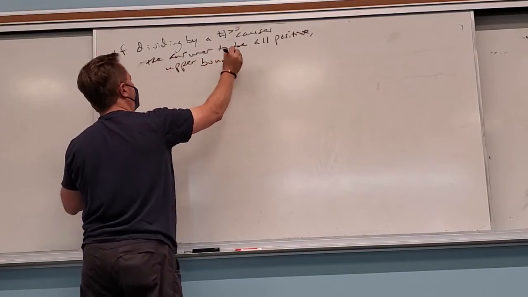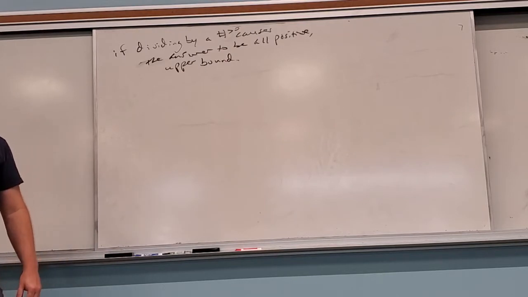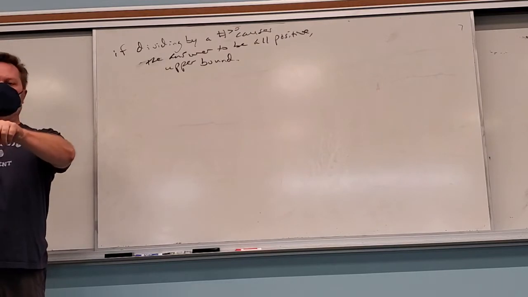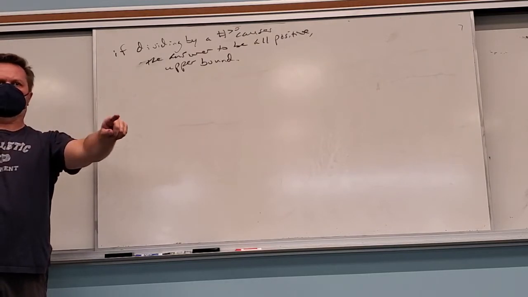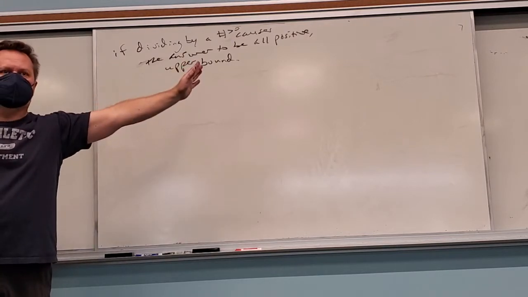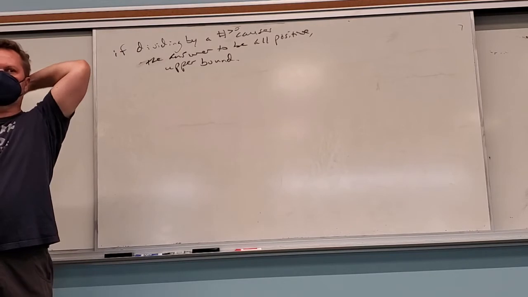You can throw out everything above it. So if I synthetically divide by 2, and I get nothing but positive answers at the end, everything above 2 can be thrown out. They can't make it 0. There's no way they can make it 0.